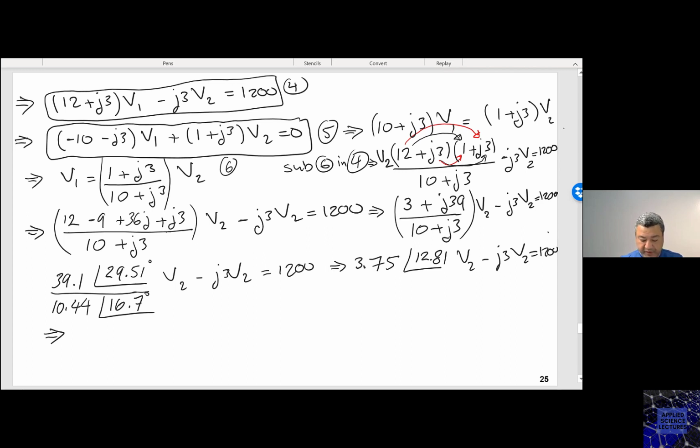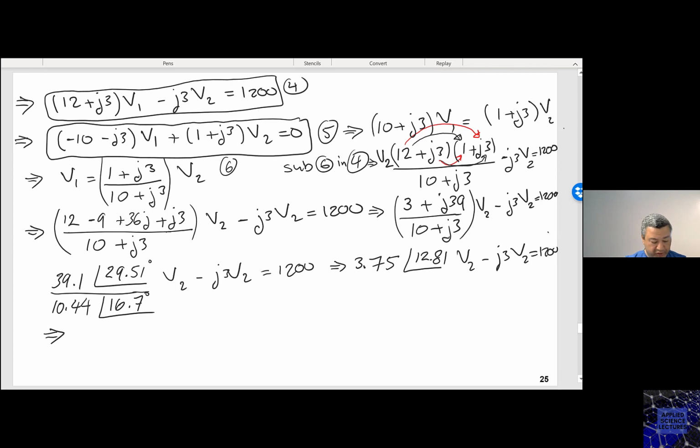Okay. So now what I want to do is go to the rectangular, because now I have V2 in polar, and this one is rectangular. Since I'm adding those two vectors, I have to go to the rectangular.